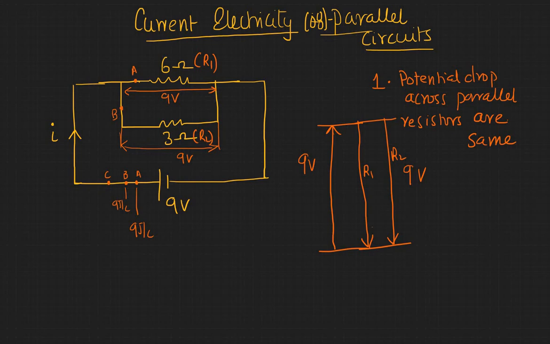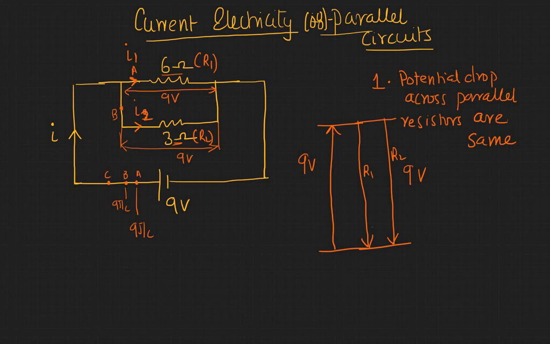Now the question is, what will be the current? What is going to be the current in this, and what is going to be the current in this? Is there a way to find out? Of course, yes, because in these resistances of 6 ohms and 3 ohms, Ohm's law applies. Let's assume this is I1, the current going through, and this is I2, which it will draw.